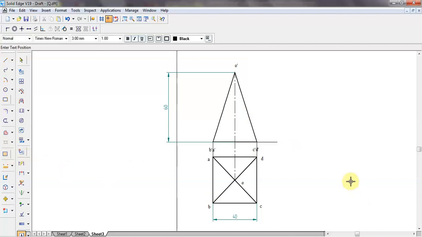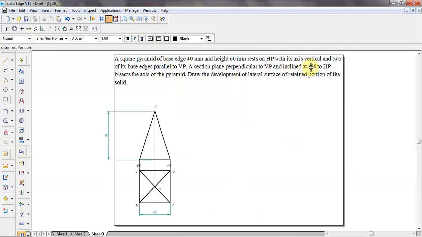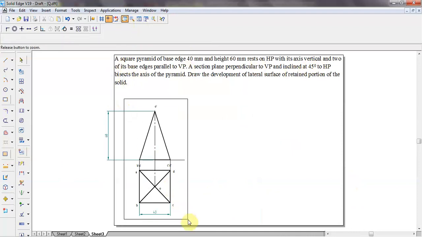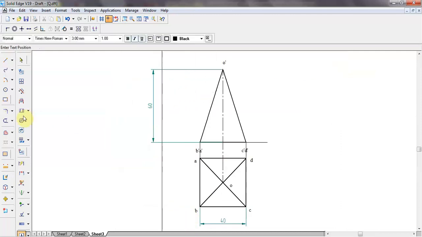Now it is cut by a sectional plane at an angle of 45 degrees to HP. We have to show it is bisecting the pyramid. Bisecting means it is cutting at the midpoint of the vertical axis. So let me first draw the midpoint of this one.